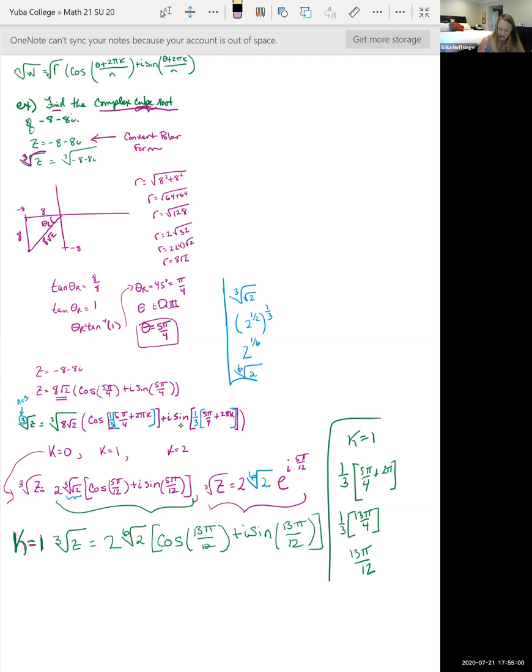And in exponential form, we could rewrite it. This is our R value, which again is 2 6th root of 2, e to the I theta. And theta in this case is 13 pi 12ths.